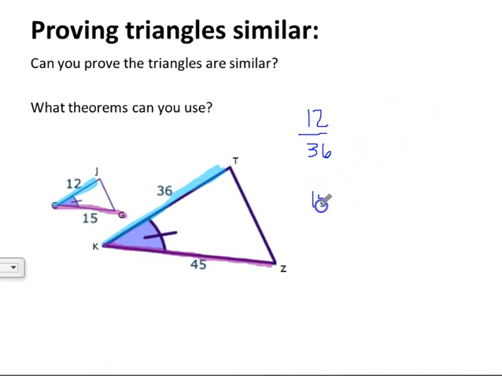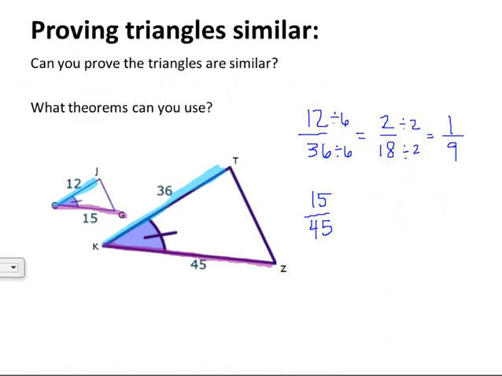So let's write that as a ratio. And then let's reduce these and see if they reduce to the same ratio. So it looks like I can divide out a 6 from each to reduce that to 2/18. And I can reduce that even further to get 1/9.